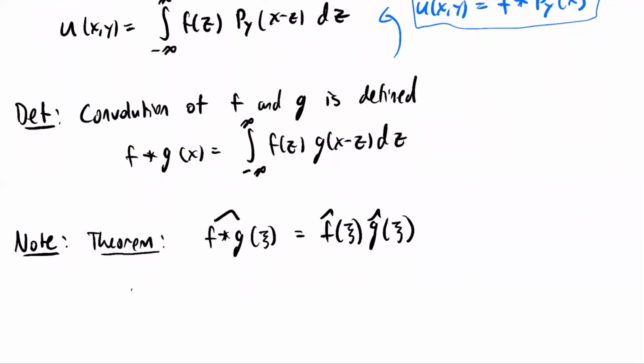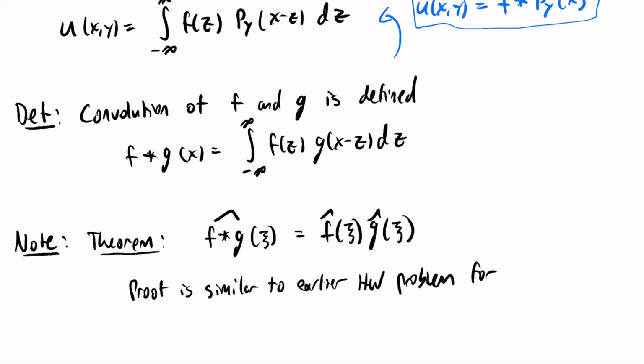I'm not going to prove this, but the proof is similar to the earlier homework problem for Fourier series. You basically plug the convolution into the definition of the Fourier transform, and then you switch the order of integration, and then this will pop out eventually. Okay. So that's how this is done.